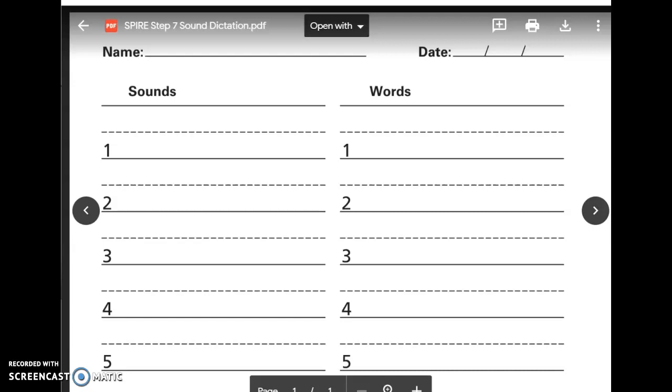So right next to it on that number 1, you can write, say the word bed and write those letters in your palm with your finger as you're saying it. So b, ed. And now take your pencil and write that word bed onto the paper, naming the letters as you write them.